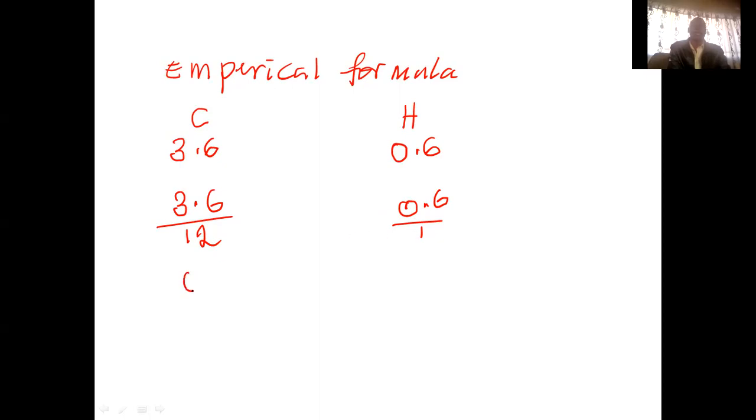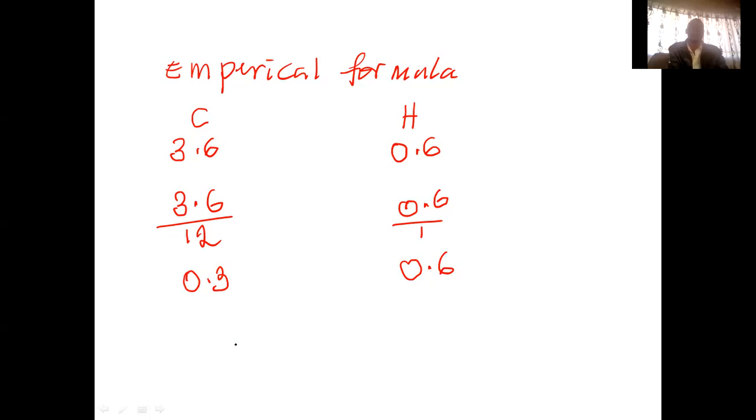And what we get here, when we divide 3.6 by 12, gets 0.3. And then here we get 0.6. So this is the ratio of atoms which we are trying to get.